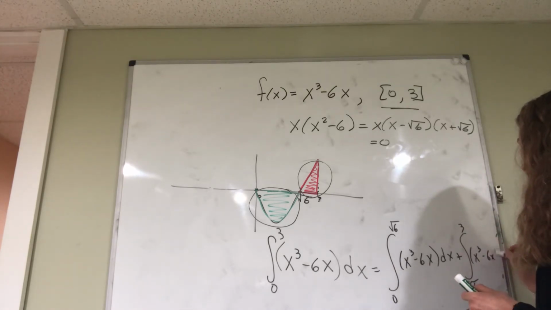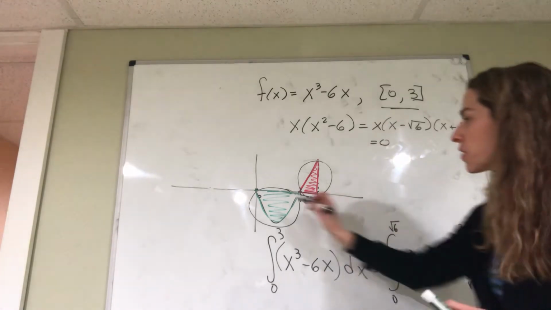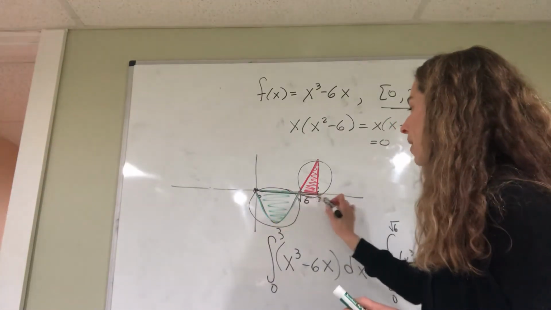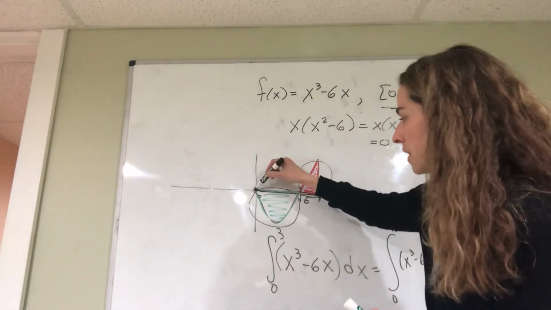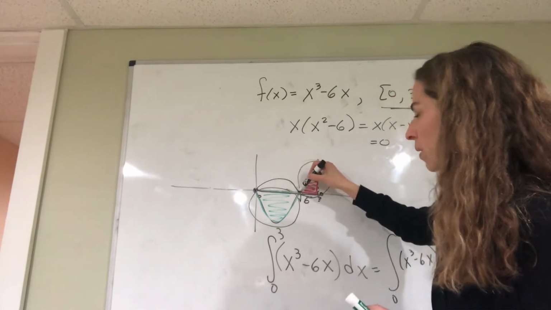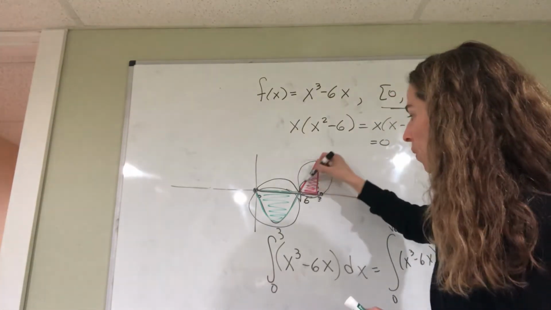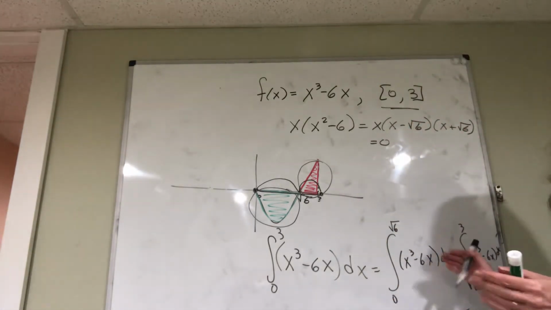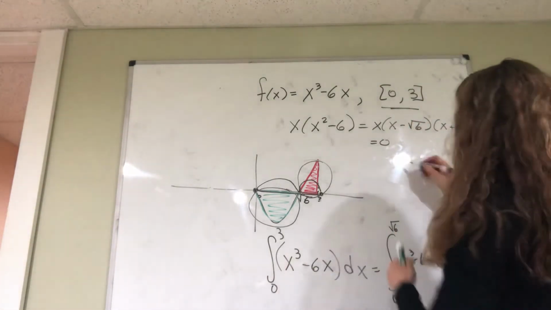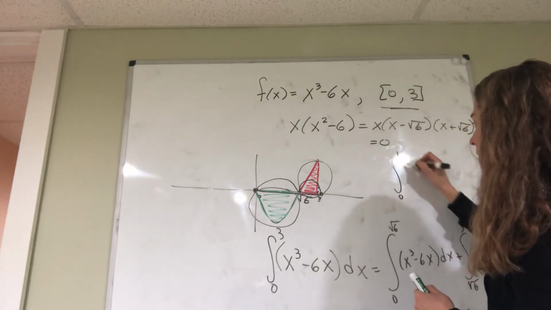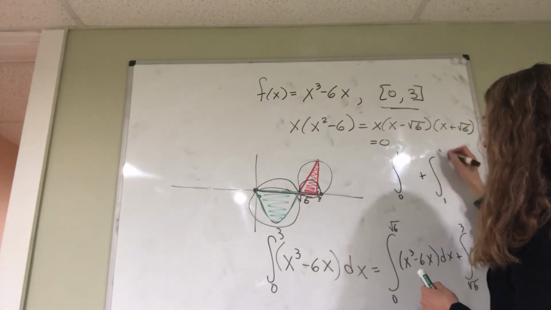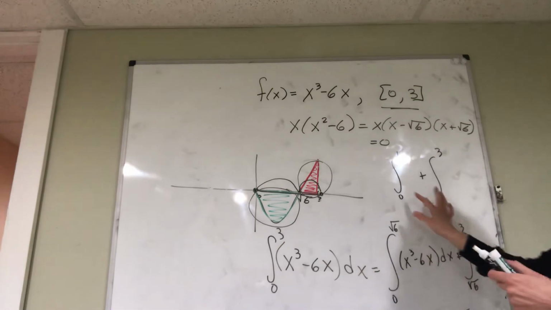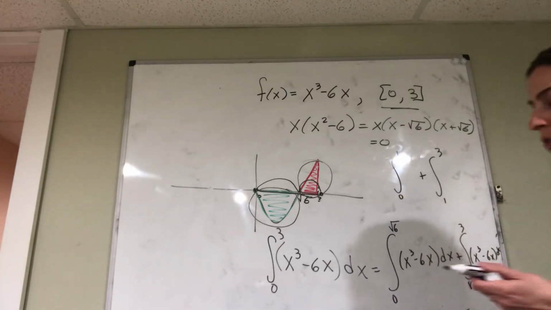So for instance, if I wanted to, instead of integrating directly from 0 to 3, all the way across, I could integrate from 0 to the square root of 6, and then from the square root of 6 to 3. Okay? Or you could split up the interval anywhere you want. So instead of integrating from 0 to 3, you could integrate from 0 to 1 plus 1 to 3. So that's a theorem that says that you can split up the interval. You'll get the same answer either way.